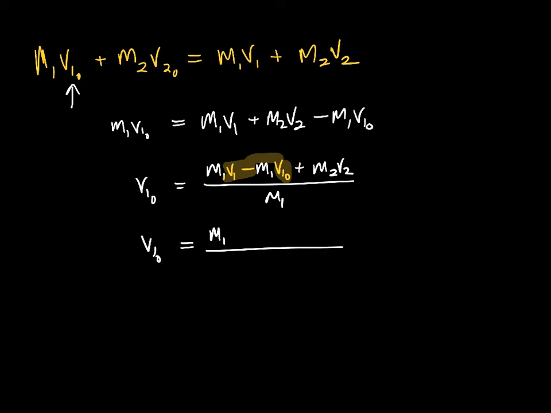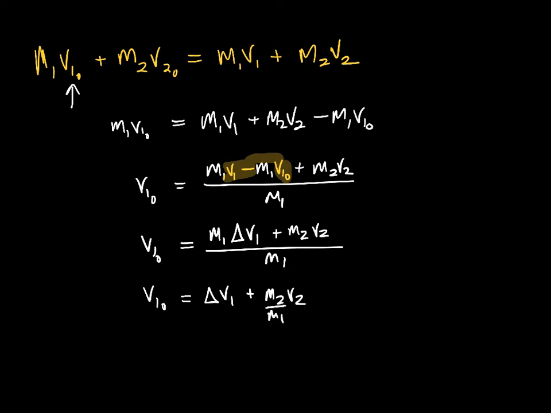So I have M1 times change in speed 1 plus M2 V2 over this M1. Well, let's take a look here. So V1 initial would just be the change in V1 plus M2 V2.